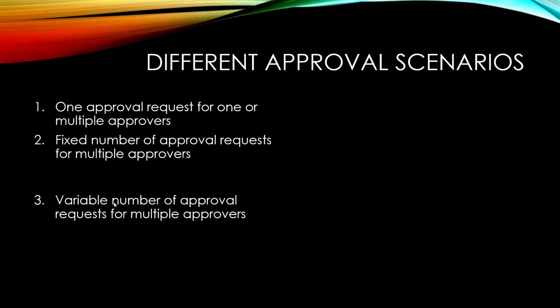In the last and the most complicated scenario, we have a variable number of approval requests. Imagine a list of product purchases is created and requires some certain level of approval. The grocery items should be approved by one manager, while stationery items should be approved by another manager, and finally, electronic items should be approved by a different manager.